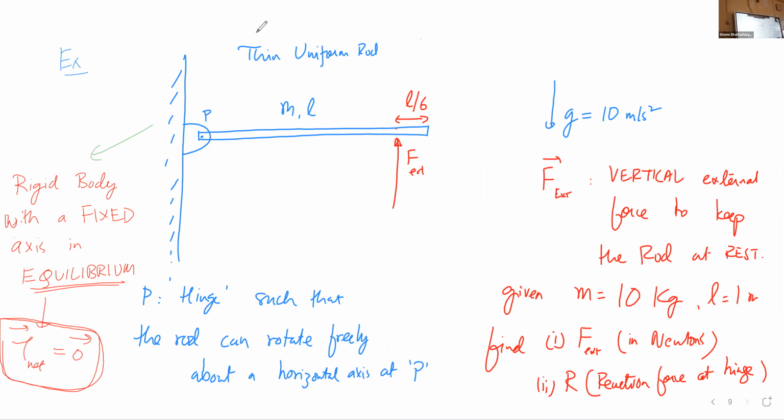Another way to understand, see, I'm applying the force like this, no? Isn't it giving the body a tendency to tilt like this? So this point in the body, will it not push against the hinge downwards? So the hinge will have to react back. Okay. So my free body diagram, the term free body diagram changes a little bit now because we are not going to show only the forces acting as if the body is a particle at the center of mass.